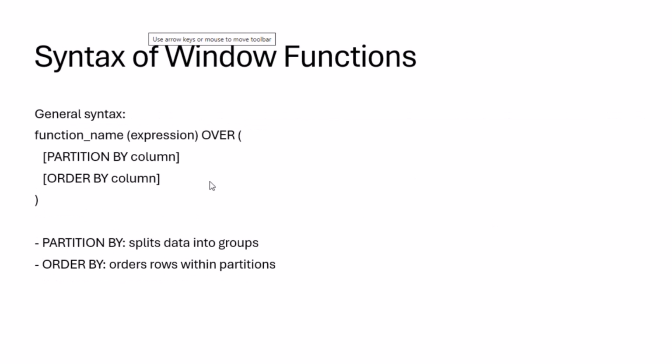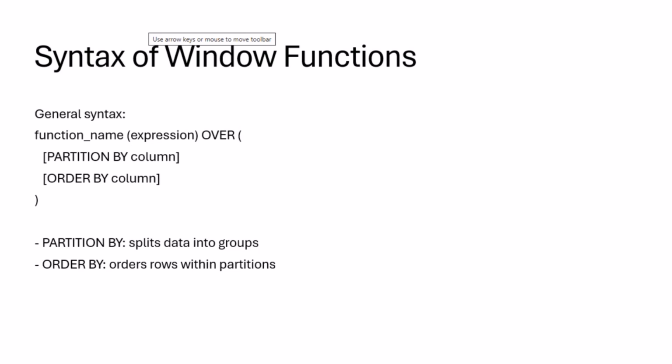So this is the syntax of window functions generally. You have a function name, then brackets with an expression, then you use OVER. So this OVER is very important. That is what identifies window functions, because if you just write the function and the expression inside the function, that just works normally.